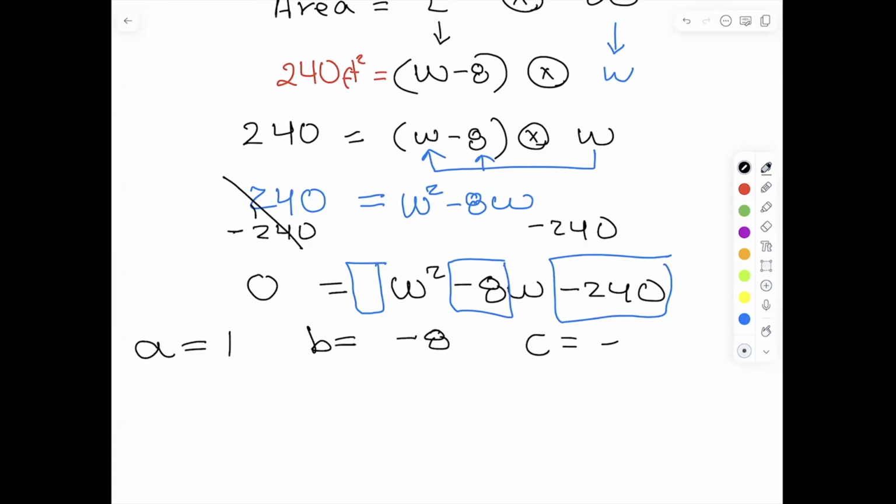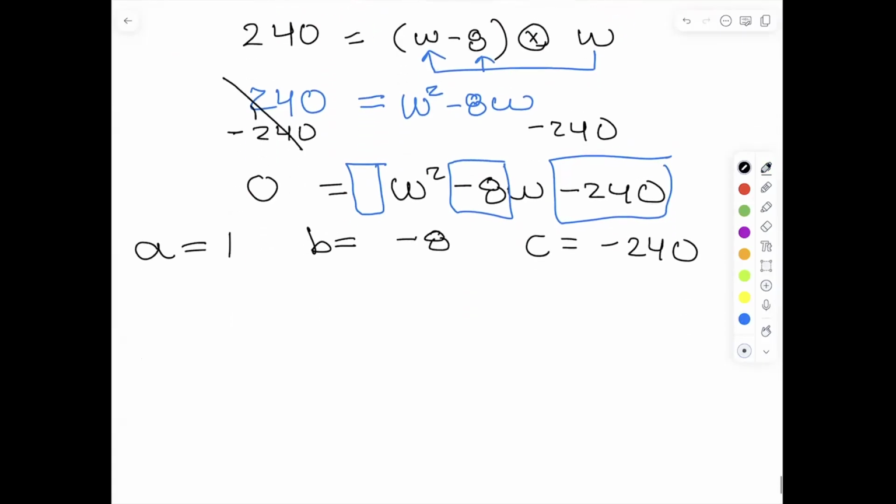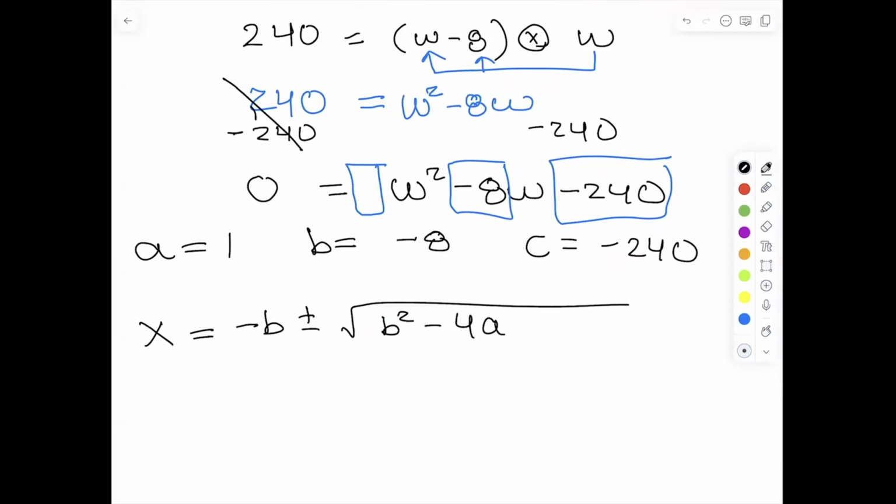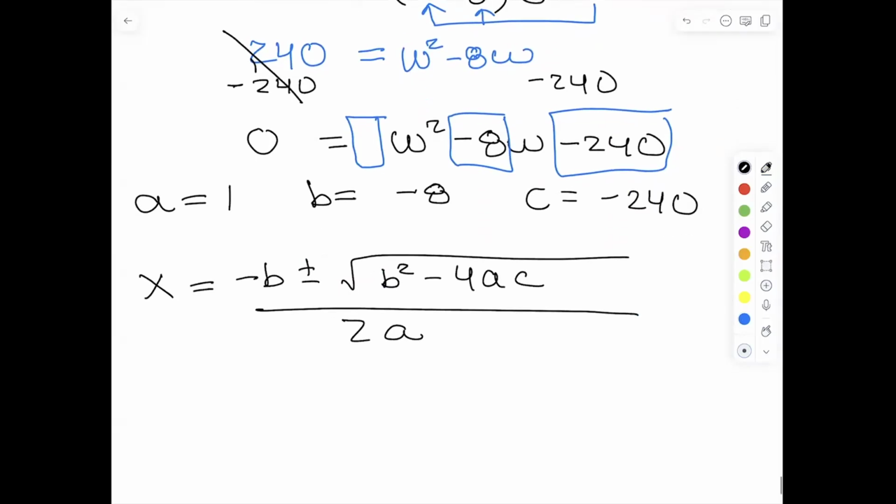C is equal to negative 240. So in this case, I have to use X is equal to negative B plus or minus the square root of B squared minus 4AC over 2A. Now, this X here, in reality, is W, which is my width.